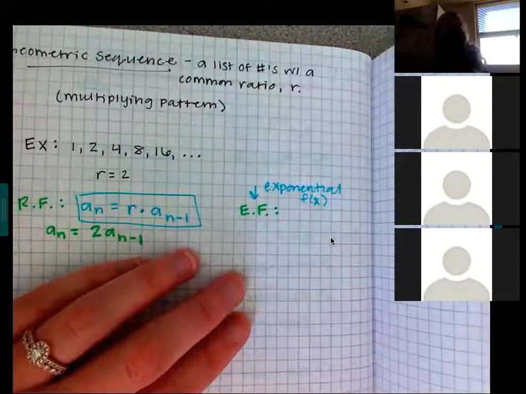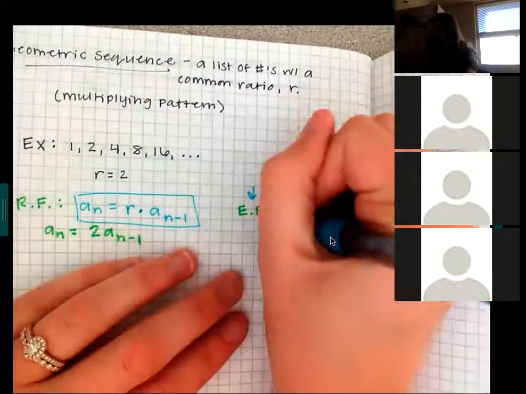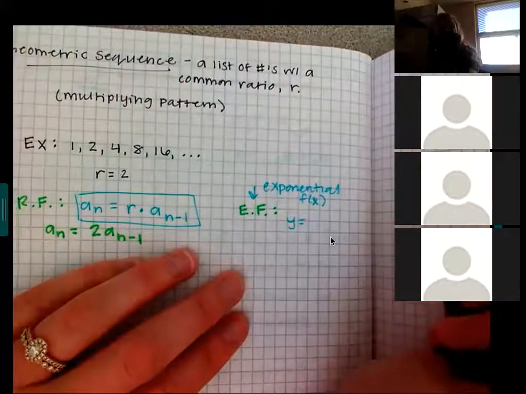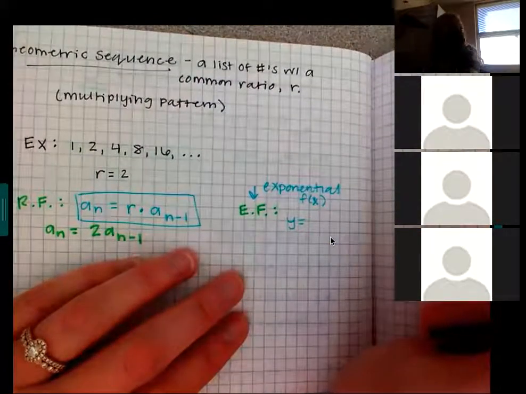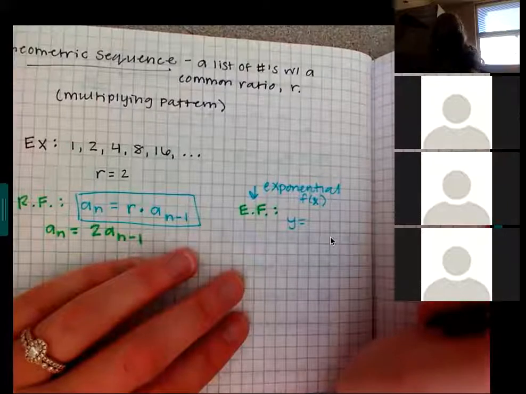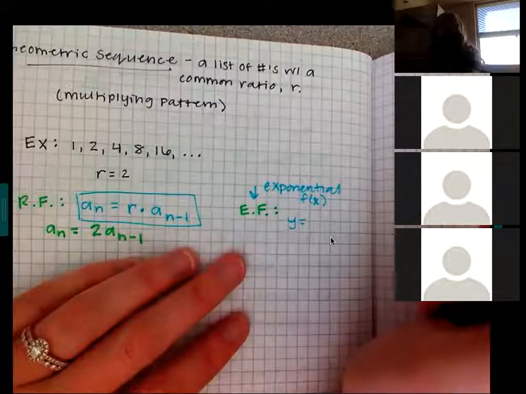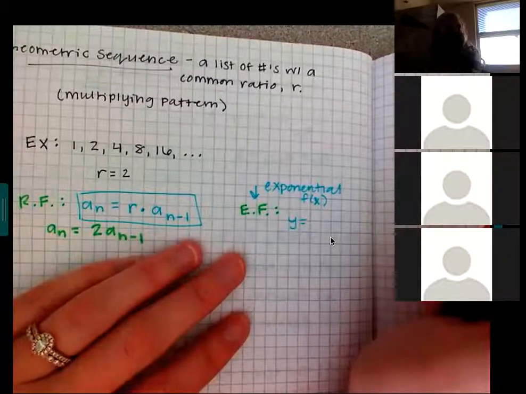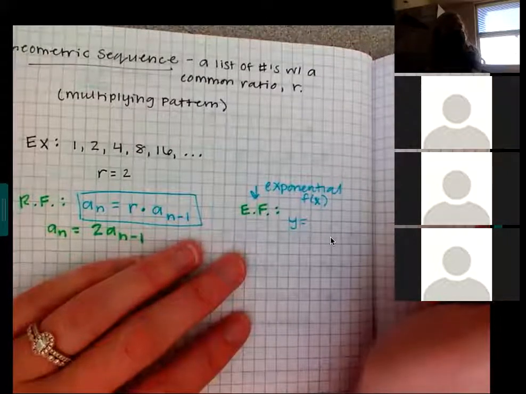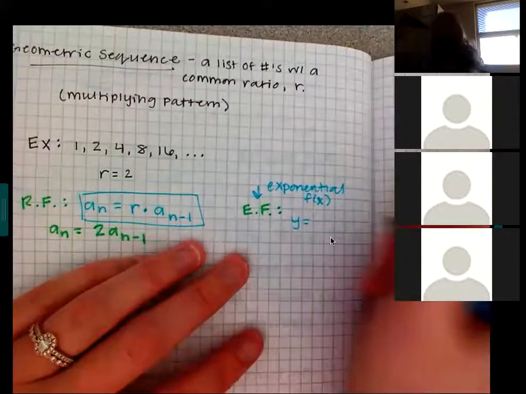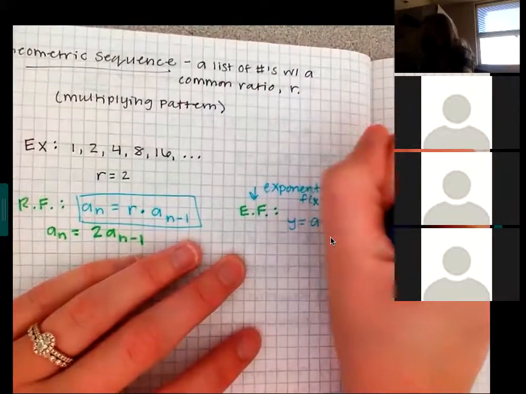So let's review. An exponential function looks like what? Y equals what? A times b to the x. We don't do plus c in pre-cal. That might have been Math 3. Ooh, my Math 1 kids could do this.